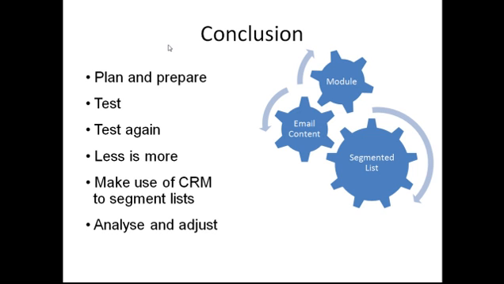Use the fields, change the fields, add fields that you want to record, and then use the CRM to segment your lists, and then you can target them more specifically with the information that they want to read. And then after each campaign, analyze how it went, log the lessons learned as we said, and then adjust the next time round.